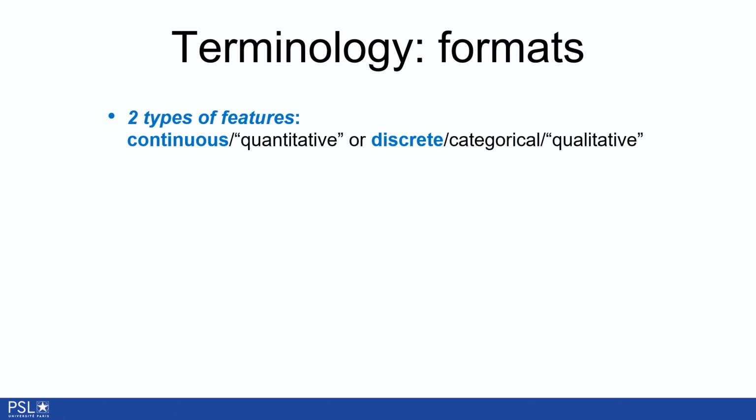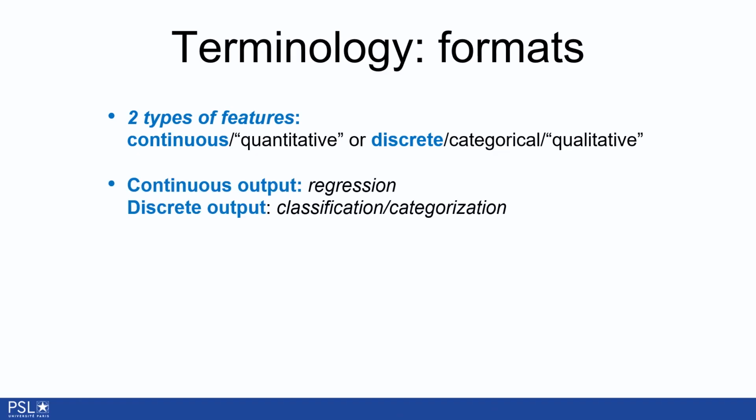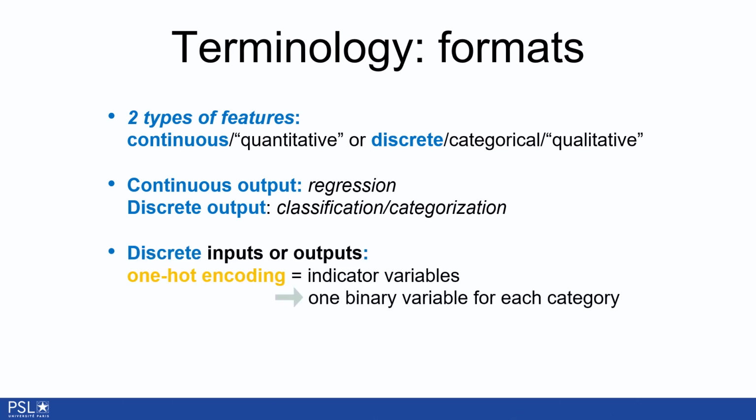The second type are features with discrete values, such as, for example, whether a patient has asthma or not, and such discrete features are usually called categorical or qualitative. Similarly, the outputs can be either continuous or discrete. If the outputs are continuous, the prediction problem is called a regression. If the outputs are discrete, the prediction problem is called a classification or categorization.